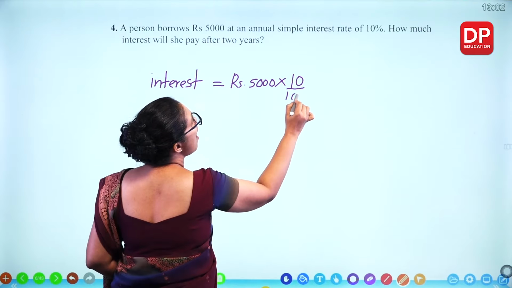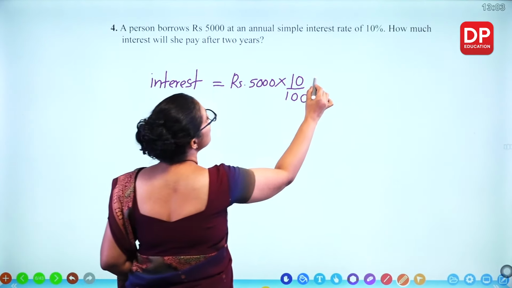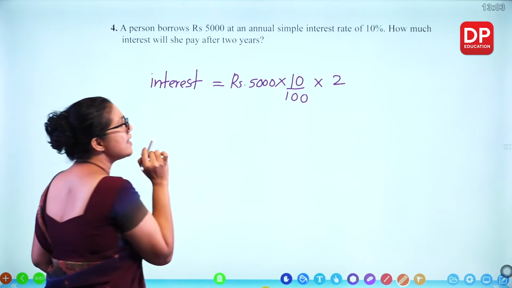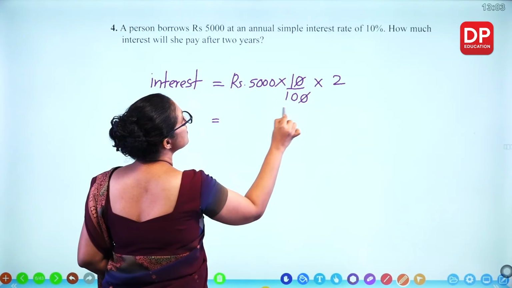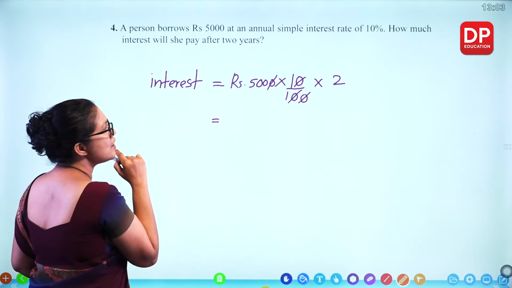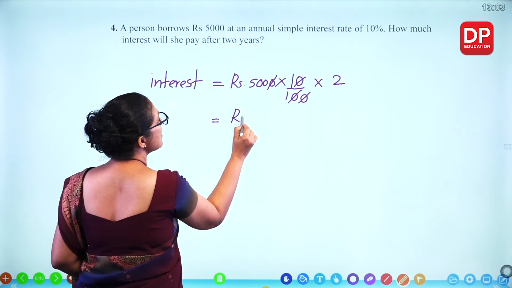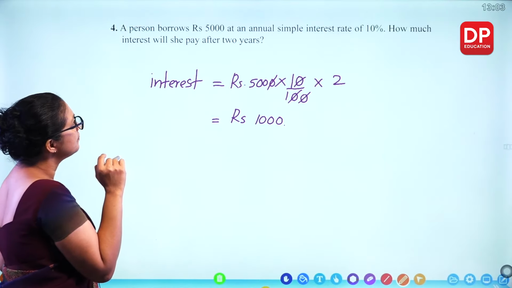This is after 1 year. For 2 years, you have to multiply this by 2. So, the 1 0 gets cancelled out, this 0 gets cancelled out. 500 into 2, you get 1,000 rupees.